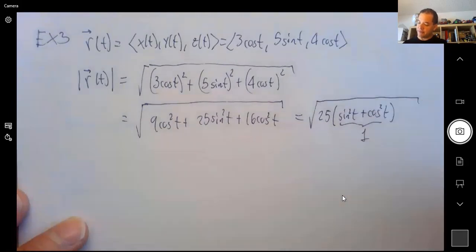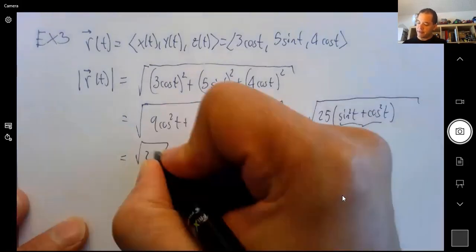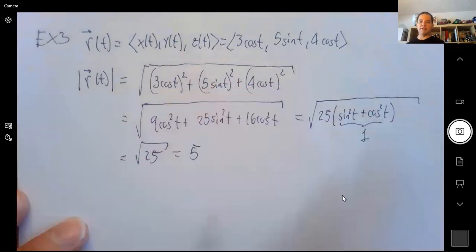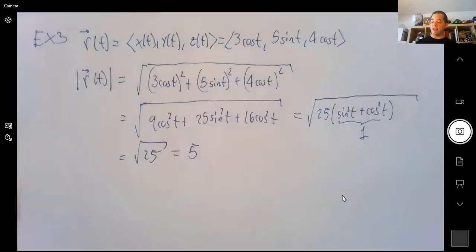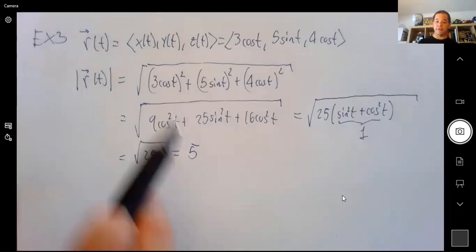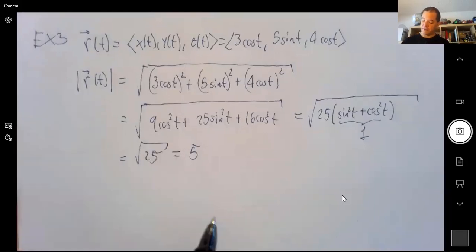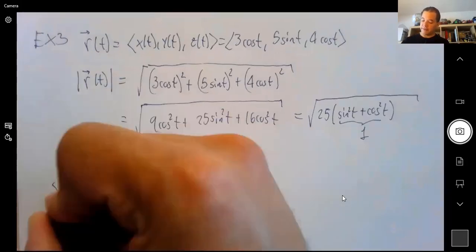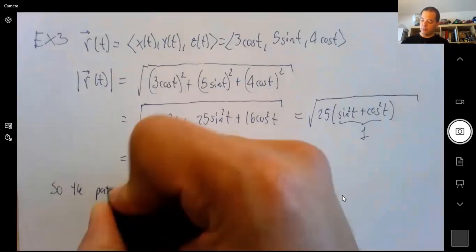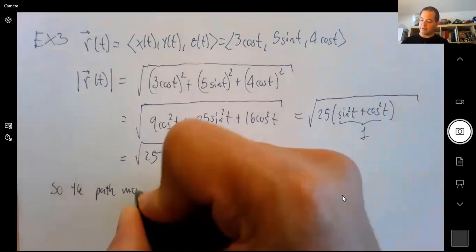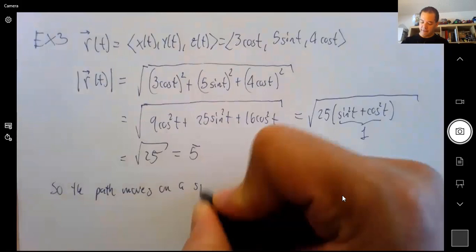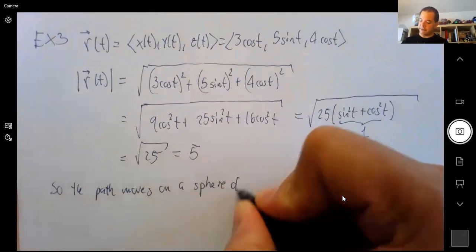So this is the square root of 25, which is 5. So that's it. That shows that this is on a sphere, and the radius of the sphere is 5. So the object moves on a sphere of radius 5.